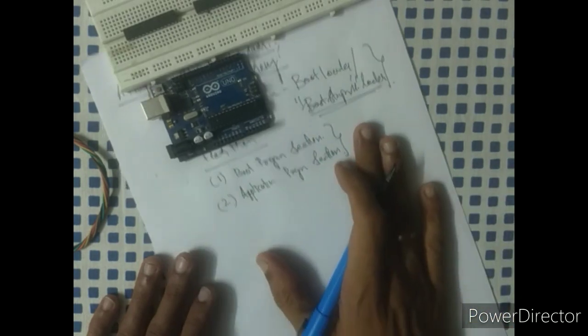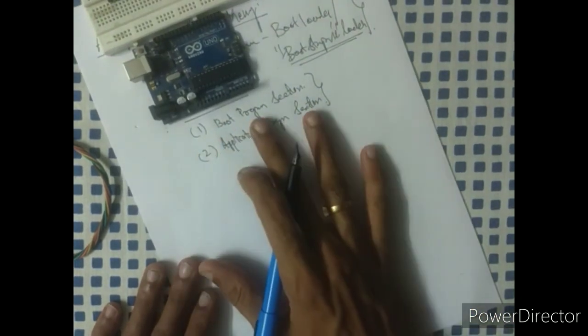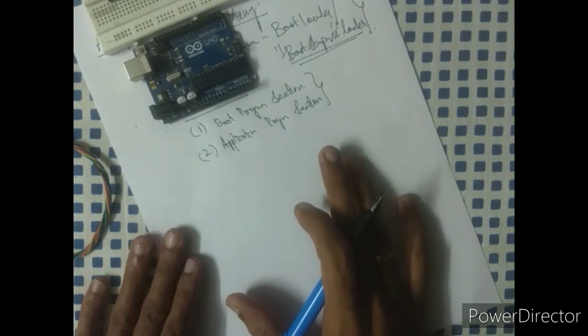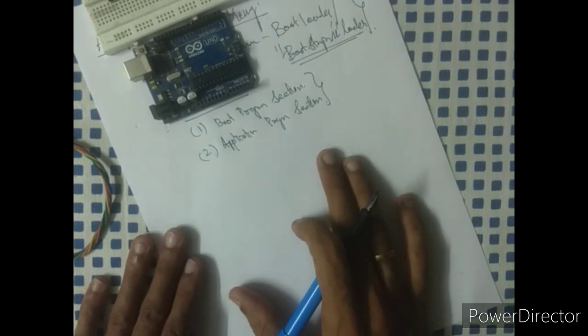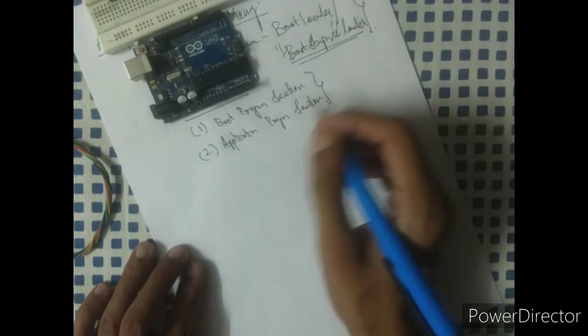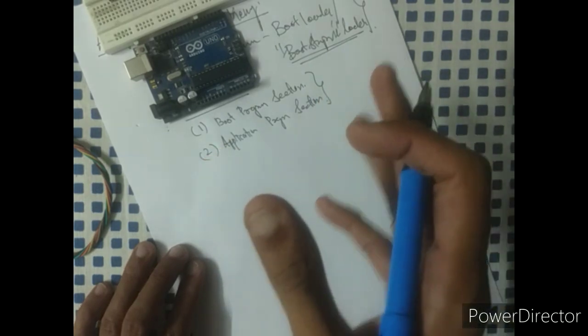From the name itself it is clear that the boot program section will have the bootloader, or the set of programs to be executed whenever required, and the application program section will have the application software.